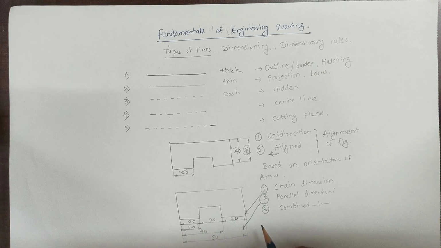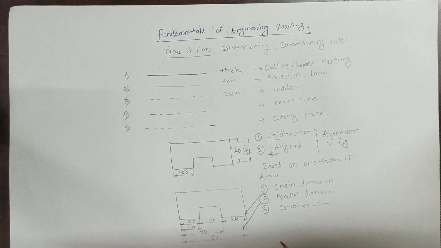If the space available is less, at that time we can follow chain dimensioning. But what is the drawback of chain dimensioning? Suppose the first dimension is wrong, if by mistake you take 10 instead of 20, and you take the next dimensions 20 and another 20, the whole dimensioning is going to be wrong. But in parallel dimensioning, if you take 10 instead of 20, and again you give another dimension as 40, you will come to know that this is not 40, it is 30.